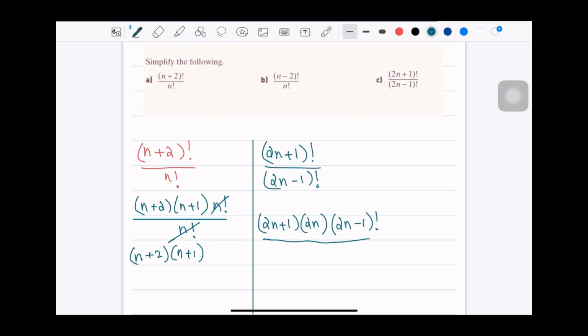I'll leave it up to here because I can see that 2n minus 1 factorial is in the denominator and I can cancel them out. So the final answer will be 2n times 2n plus 1.